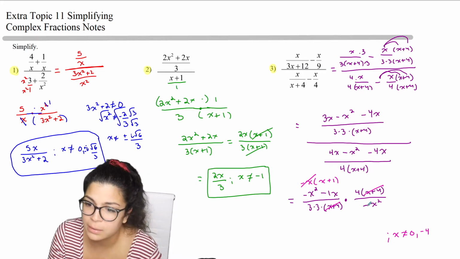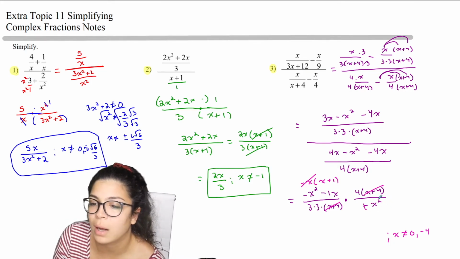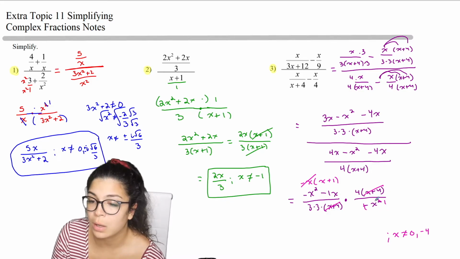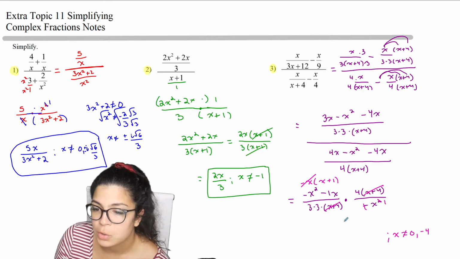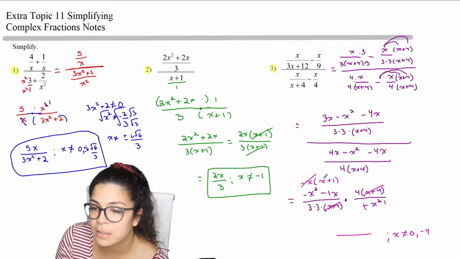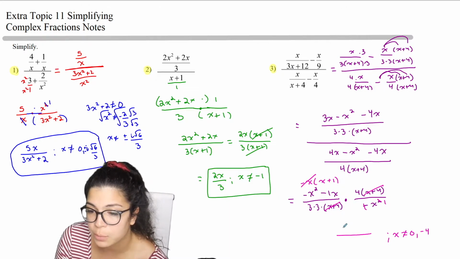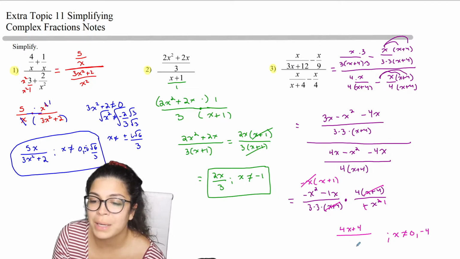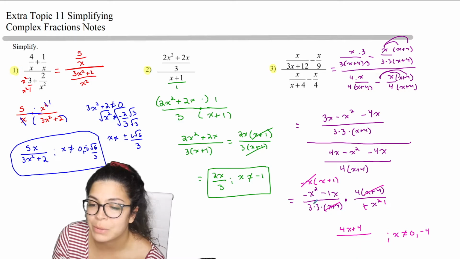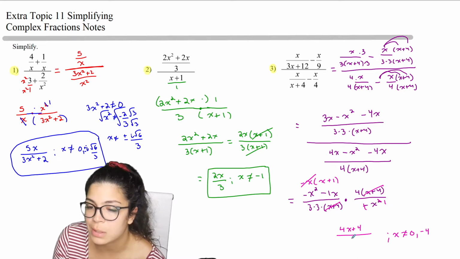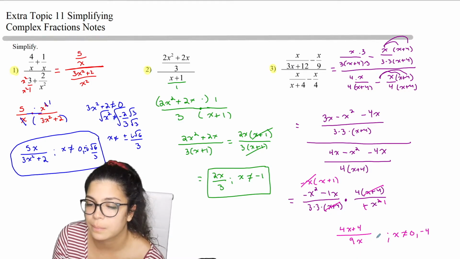Negative divided by a negative is a positive, and then get rid of 1 copy of x, which would give me 1 copy of x in the denominator. So in the numerator, we just have x plus 1 times 4, which would be 4x plus 4. And in the denominator, we have 3 times x, which is 9x.